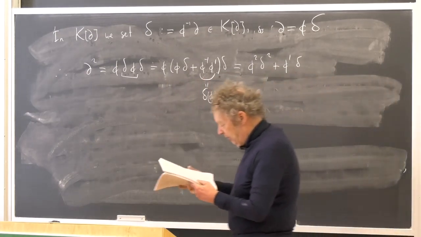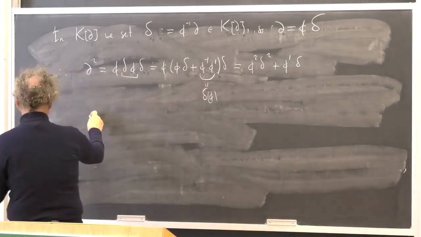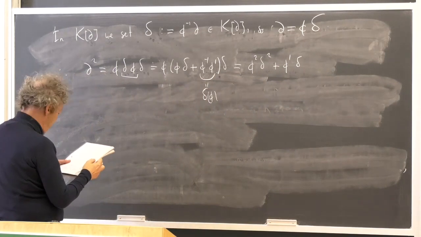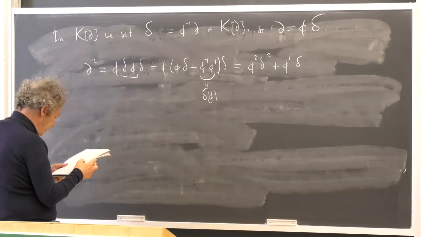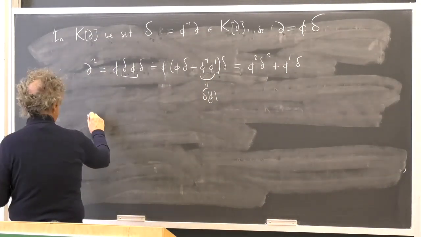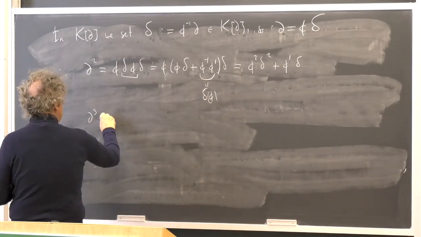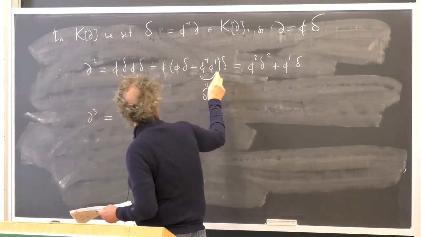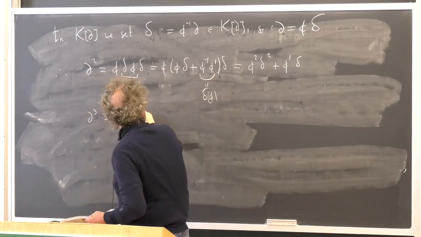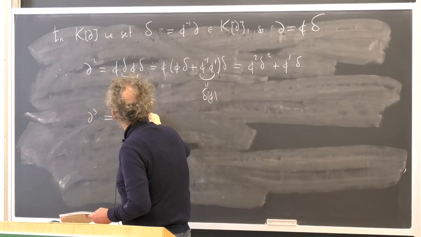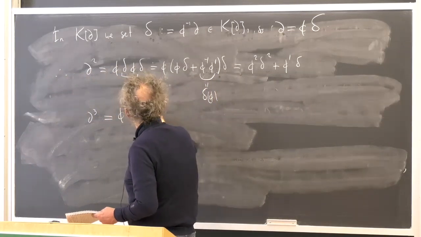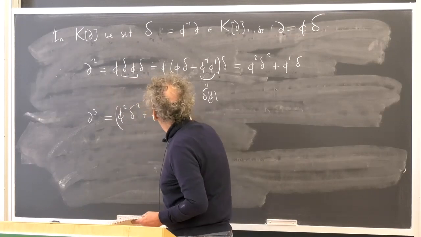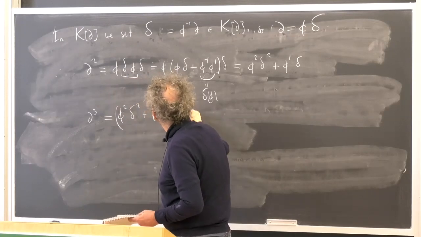Let me do one more, but I'm not going to do it fully: delta cubed. Let me just write down the results. Of course, I could multiply phi squared funny delta squared plus phi prime funny delta by phi funny delta again.